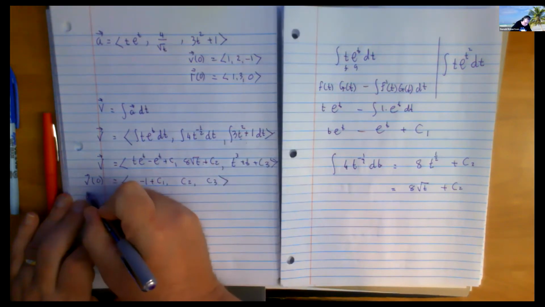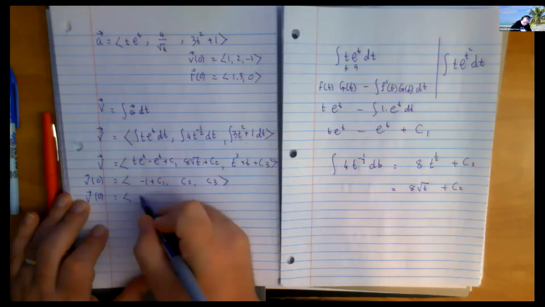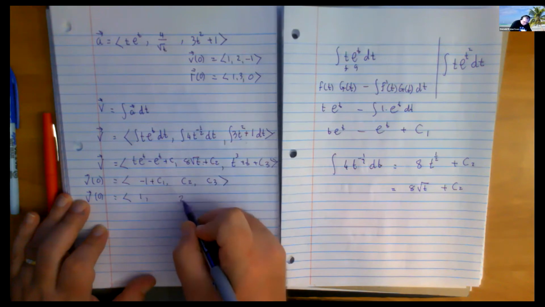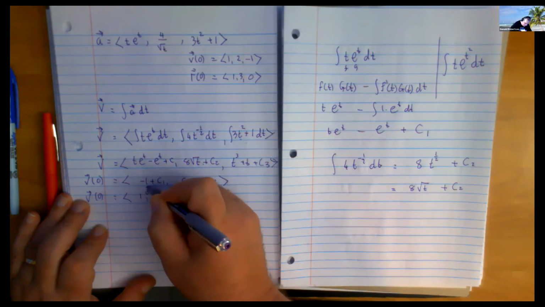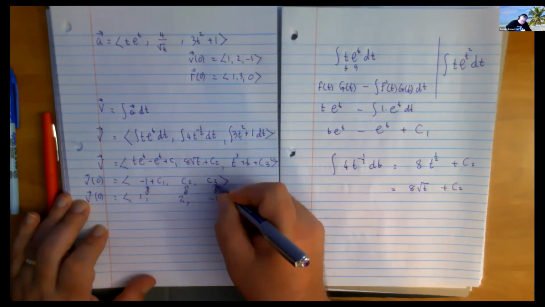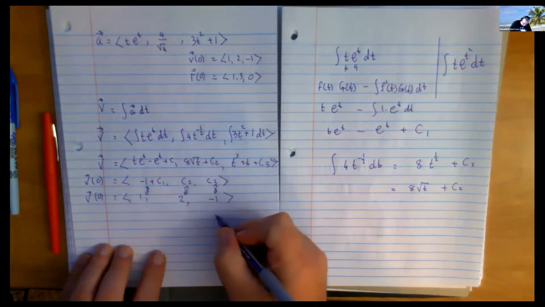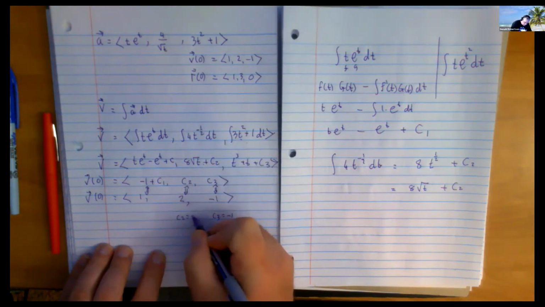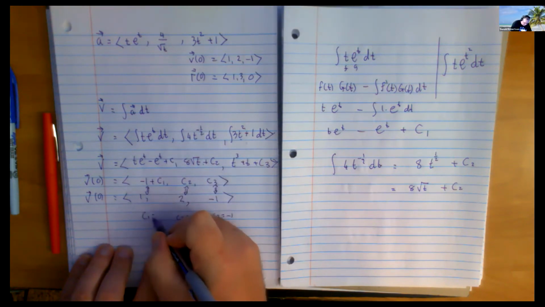And we are told at the top here that it's equal to 1, 2, -1. And all I'm doing now is matching up each of these, and I'll be able to get C1 and C2 and C3. These two here are easy. C3 is -1, and that one's easy. C2 is 2. And this one here is not that bad. You add 1 to both sides, Are you happy about C1 being 2?